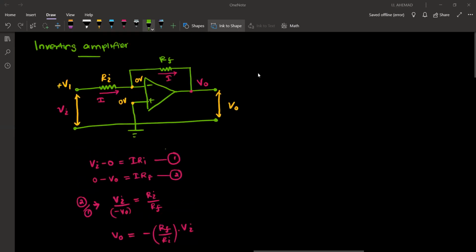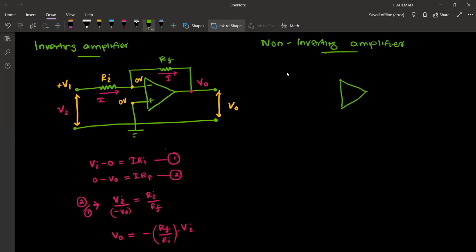So next topic, non-inverting amplifier. For non-inverting amplifier, for which terminal should I give the input? Positive or negative? We have to give the input to the positive terminal.